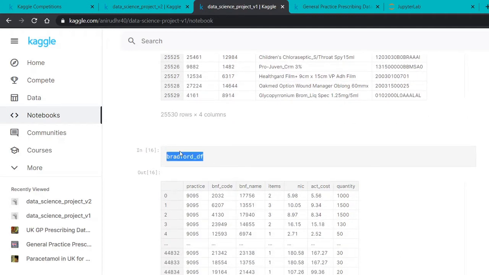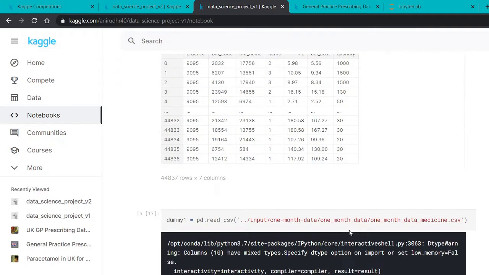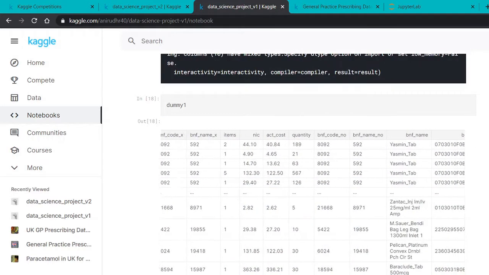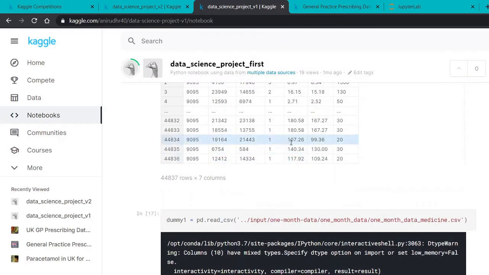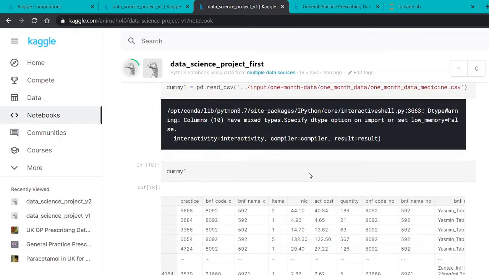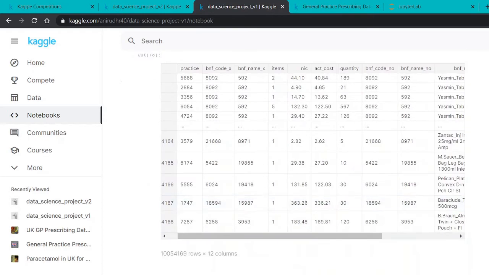This is known as Bradford. We extracted another data frame called Bradford DF, with hospitals present in Bradford County, and for them we've extracted the corresponding NIC and actual cost for different medicines. Initially that is also present, so for a particular hospital that is also a possible way of looking into the data.